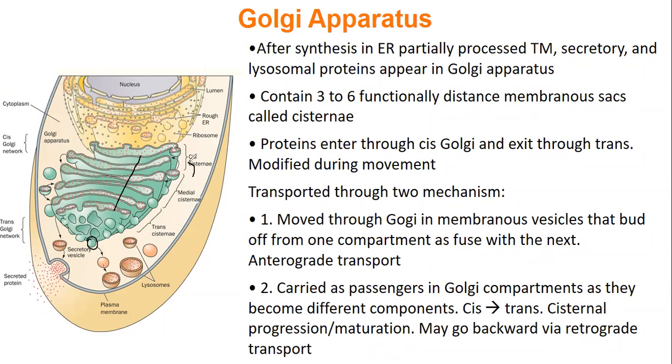So the cis eventually becomes a medial, medial eventually becomes a trans, trans eventually becomes secretory vesicles. And if you are just in here and you never leave, eventually you're going to become trans. If you travel that way, that is cisternal progression or cisternal maturation.